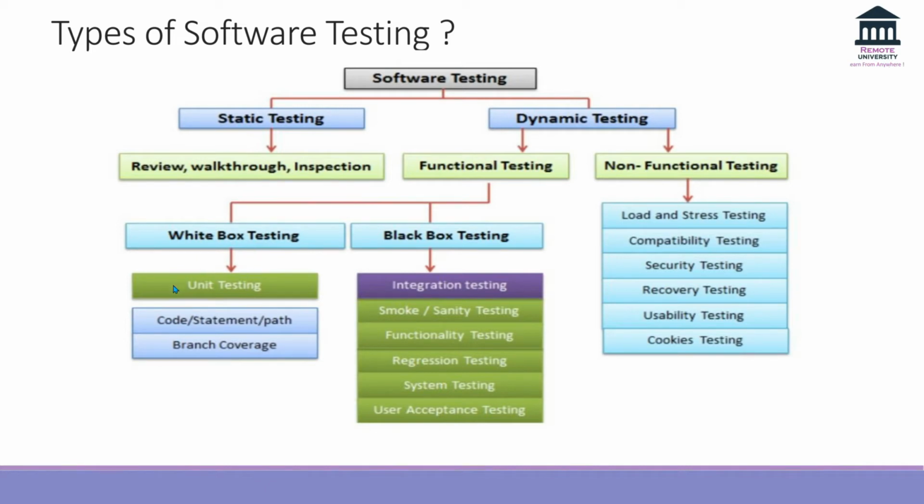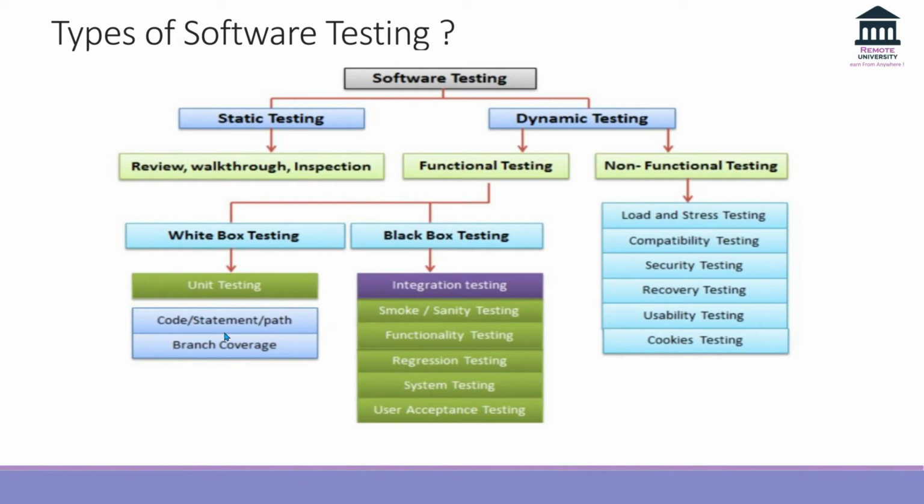Within white box testing, we have different categories underneath, like unit testing, code, statement or path testing, and also branch coverage. All these different types of testing are mainly meant for programmers or software development test engineers.